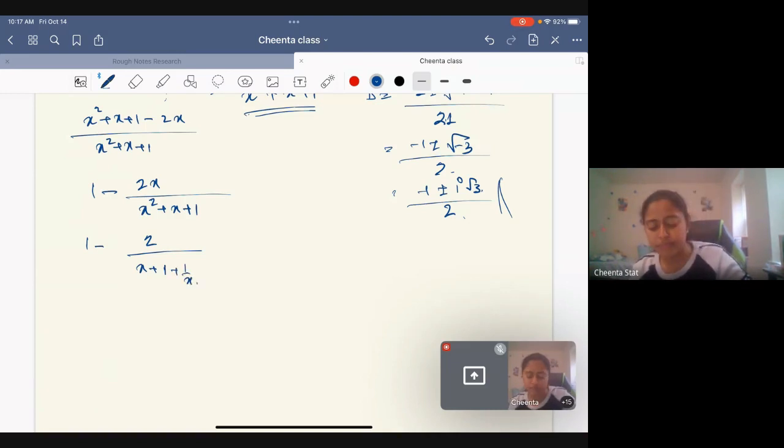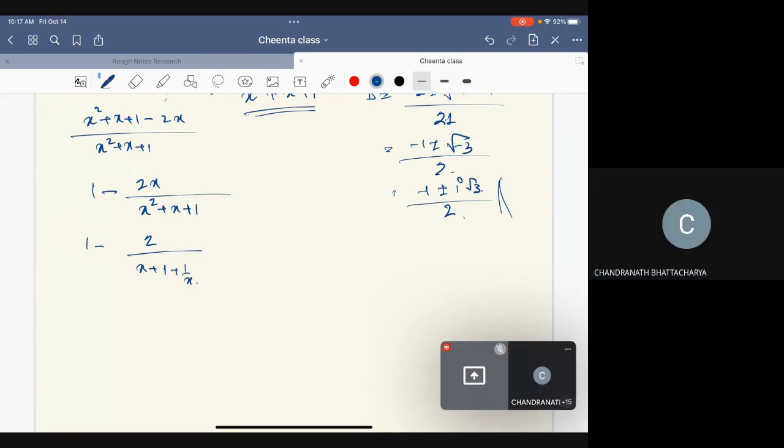Exactly. Now, ma'am, there is whether x greater than 0 or x less than 0. If x greater than 0, then the minimum value of x plus 1 by x will be 2, meaning x plus 1 by x is greater than or equal to 2 if x greater than 0.